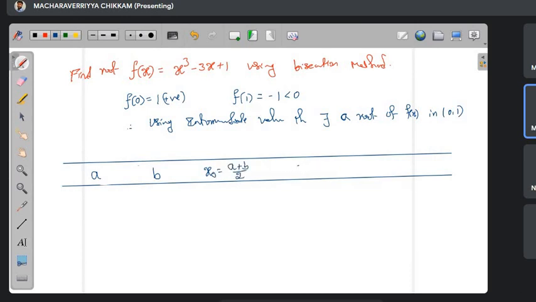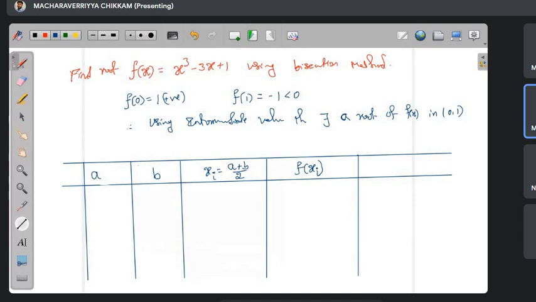Then you see the sign of f of xi, and depending on that you update and write the new a and new b. You don't need the error column unless you want it, because the error is prefixed if you know the interval.